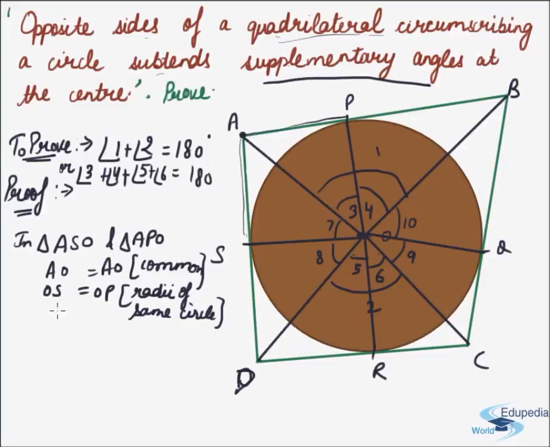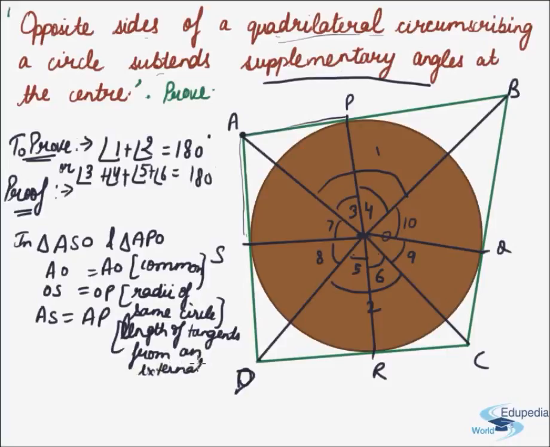Thus we can say that the lengths of such tangents will be equal, that is AS is equal to AP, because lengths of tangents from an external point are equal.